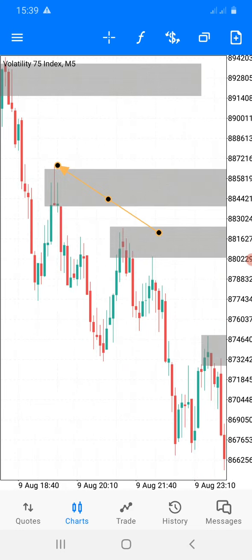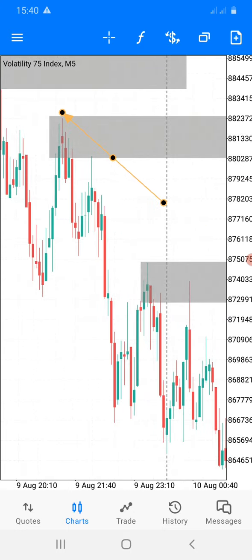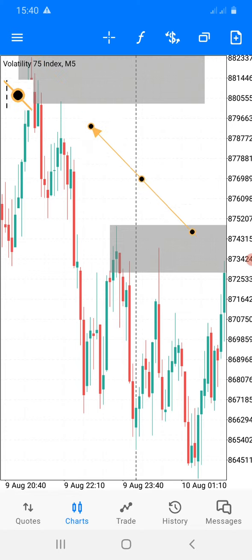And then here again we have another evening star formation at this level, proving to us that we have a valid structural point. At the same time here too, we have an evening star. The color is not that important. What matters is understanding the reaction.